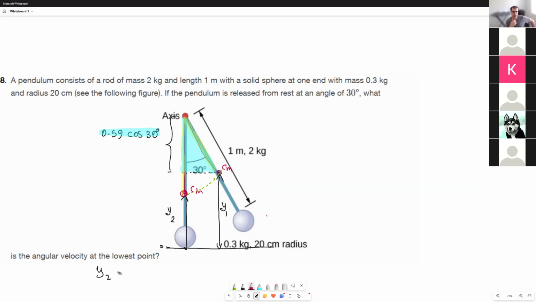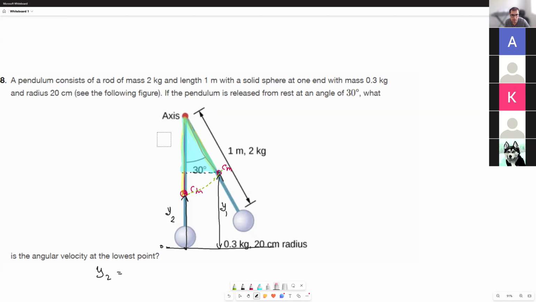1 minus 0.59. Okay, so you're going to have, good point, Agapi. You know that from here to here is how much? 0.59 meters.